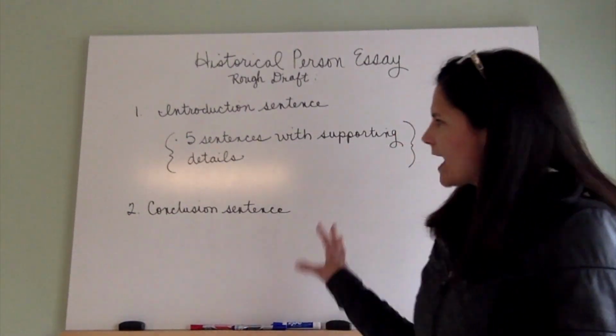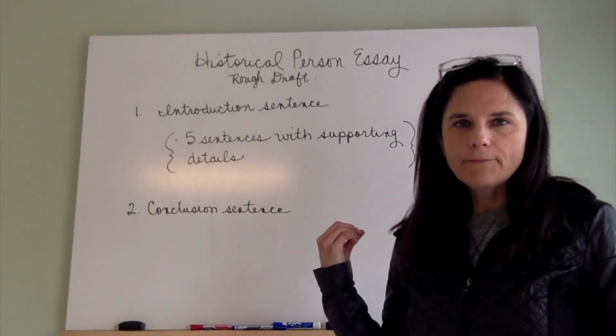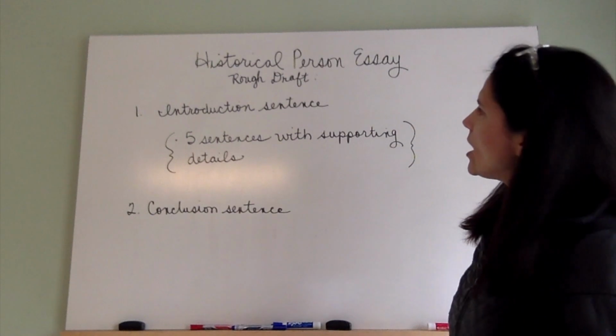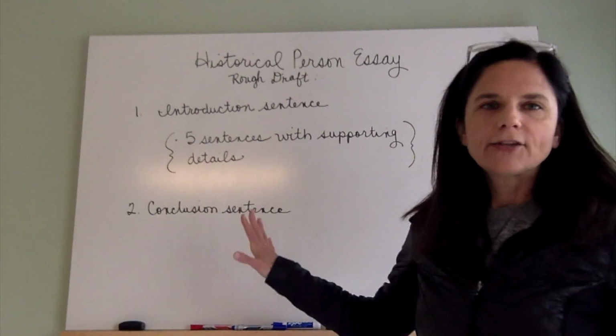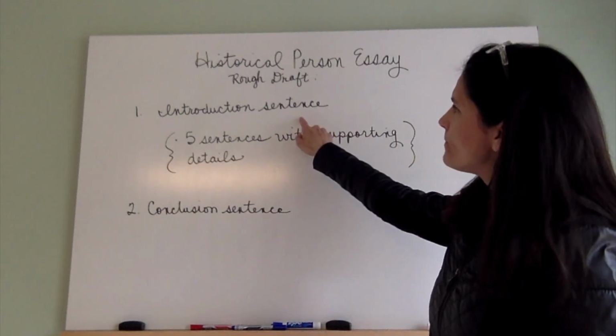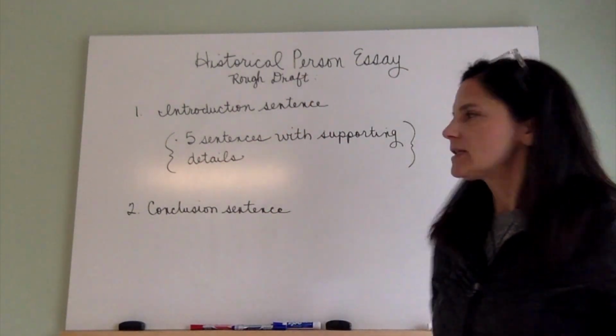So there are a couple of things I have up on the board as usual that I want to go through with you. And again, we're using the Jonathan Edwards essay as an example. When you get ready to write your rough draft, yesterday we worked on introduction sentences. So your paragraph would certainly start off with your introduction sentence.